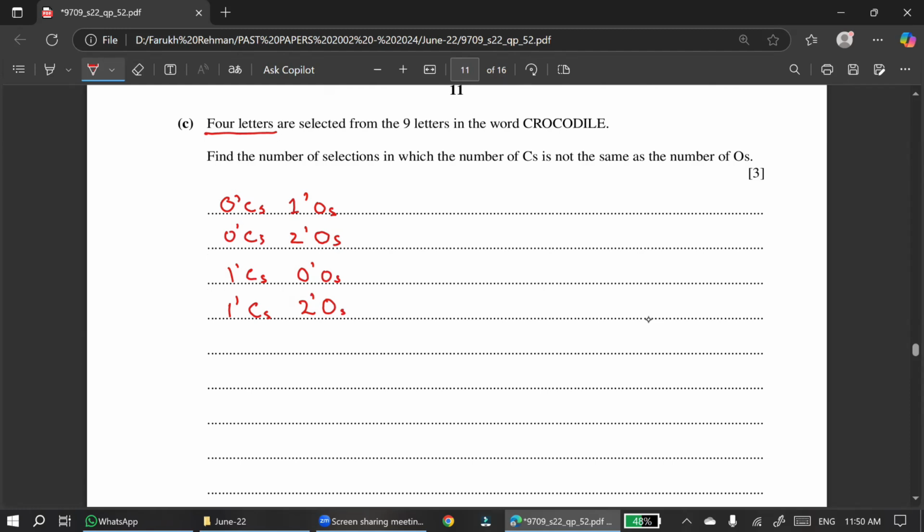Now we will select two C's, 0 O's, and two C's, 1 O. We cannot select 2 C's, 2 O's because the number of C's shouldn't be equal to the number of O's. We want to select four letters.